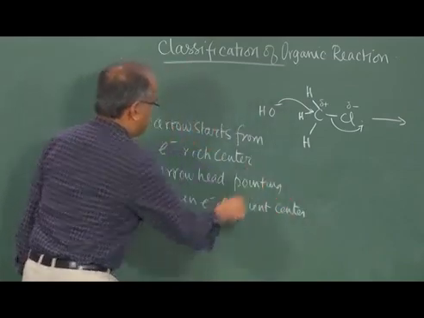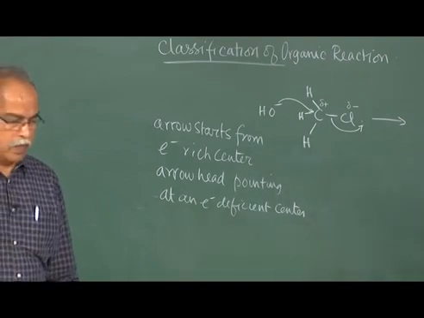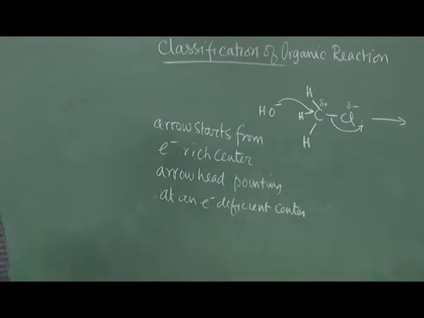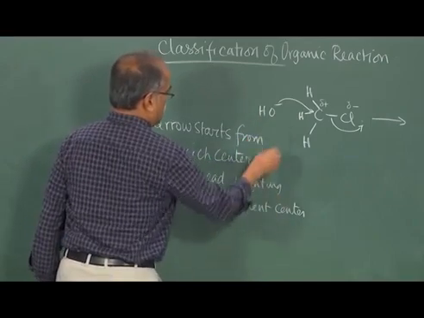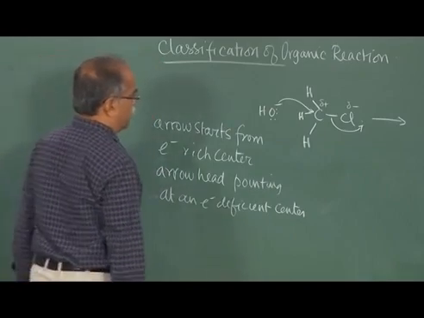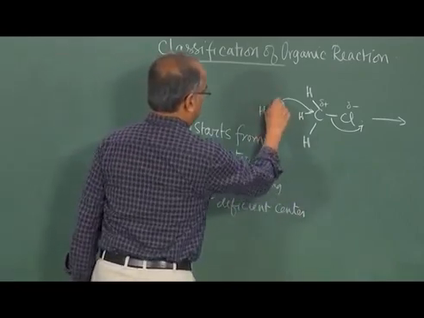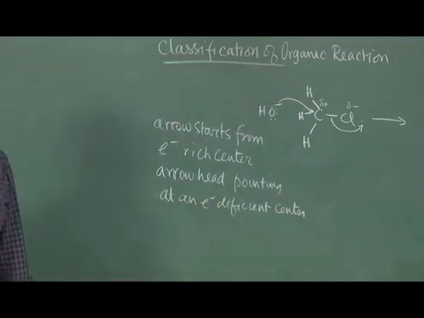When I say center, I am just talking about atoms which are electron deficient and electron rich in nature. In this particular case, the oxygen atom is electron rich because of the anionic charge and the lone pairs of electrons present in the system, and the carbon is the electron deficient center, by virtue of having a halogen attached to it, it is already polarized in nature.